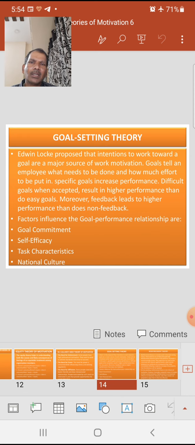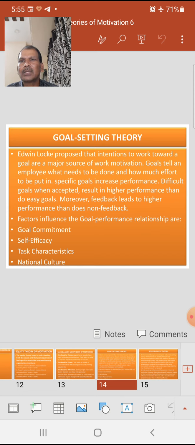Moreover, people with higher self-efficacy respond to negative feedback with increased effort and motivation, whereas those with low self-efficacy are likely to lessen their effort when given negative feedback.